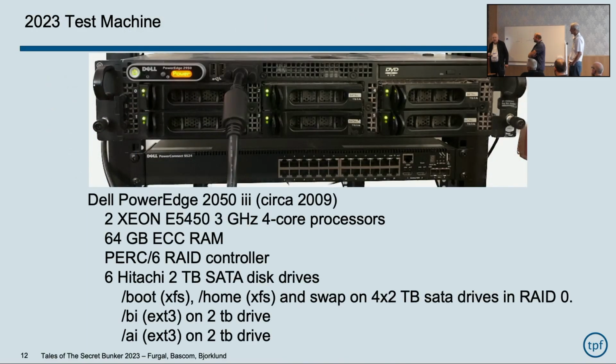This is our test machine. It's a Dell PowerEdge from about 2009, which I bought off eBay some years ago. It's got two processors, 6 SATA disk drives, and 64 gigabytes of RAM.